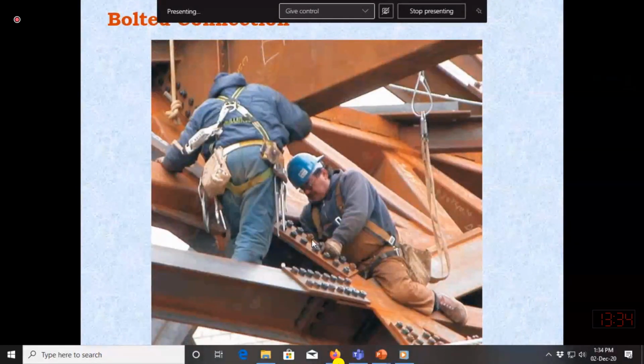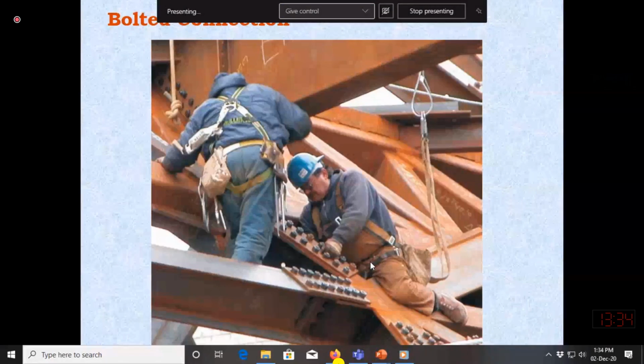Here, installation of bolted connection. Here you will see that there are some persons connecting one truss member with the other, or the gusset plate, with the help of bolted connection. So installation is rather easy.